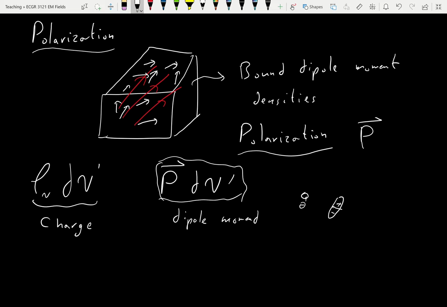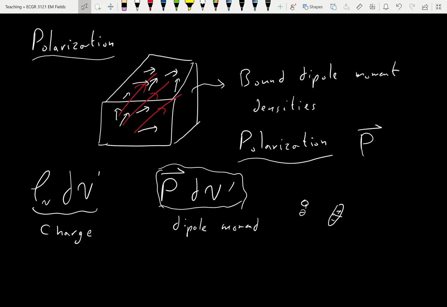They cannot move from point to point, but what they can do is they can reorient themselves and then stretch or compress in reaction to the electric field acting on them, right?